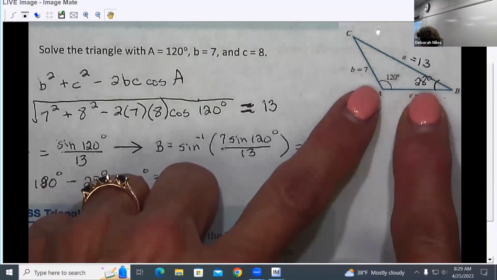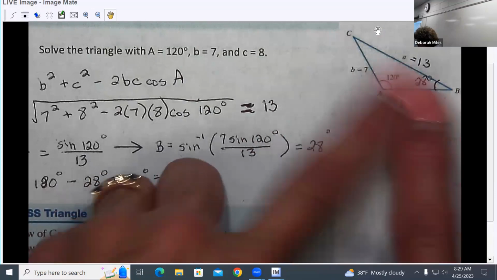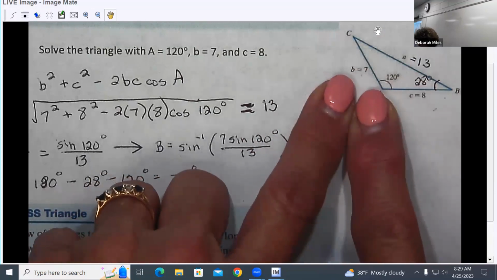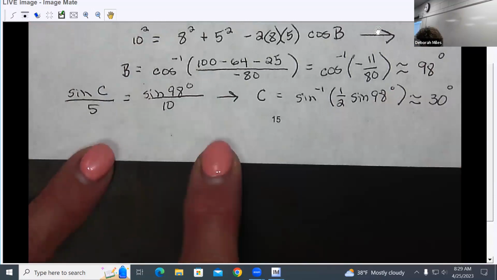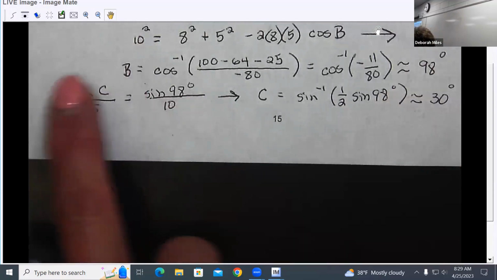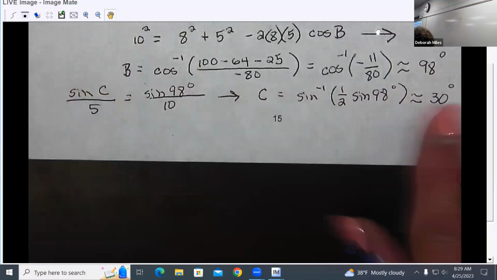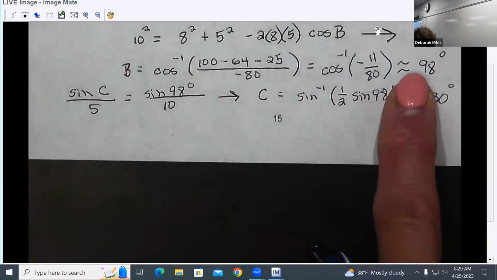We're looking for an acute angle here because it's the angle opposite the shortest side. And we're eliminating the possibility of getting an obtuse angle here, because if there was an obtuse angle, we already found it with the law of cosines.